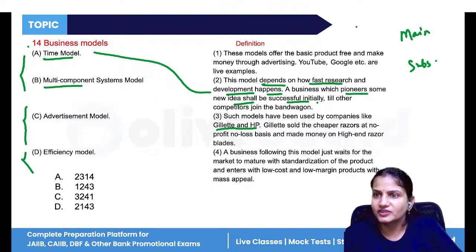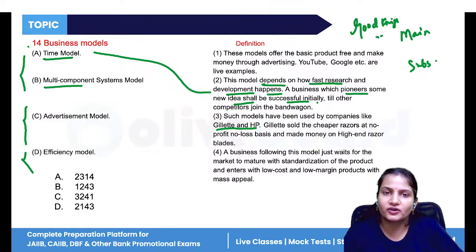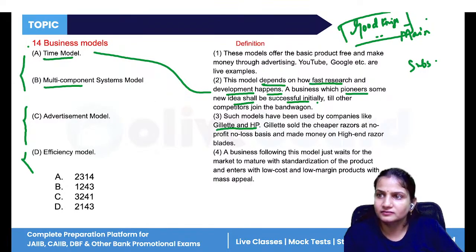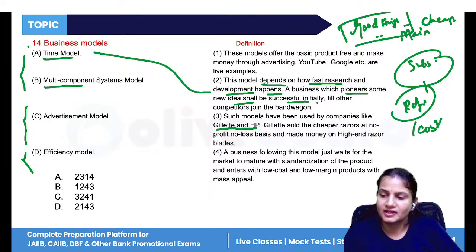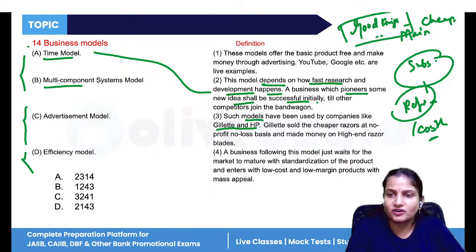Now, this is the example given, but I'll give you one more example. You have seen Good Night and its refill. Good Night is the main product. Sell this main product at a cheap rate, and the subsidiary is the refill, at a costlier price, and make profit from the subsidiary product. Similarly, such models have been used by companies like Gillette and HP.